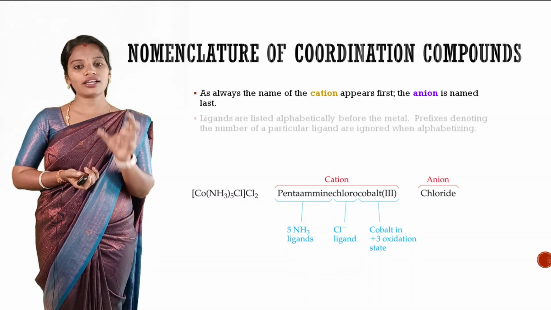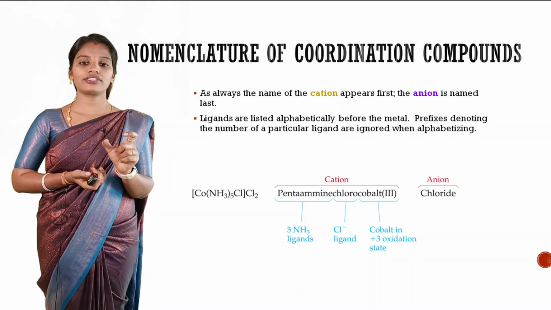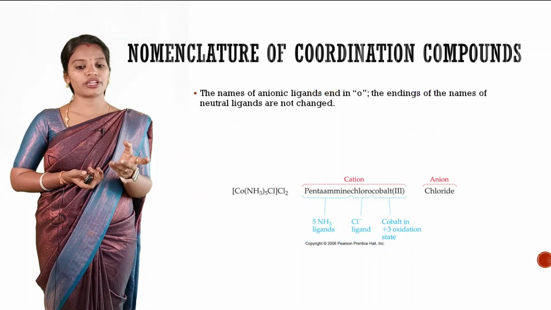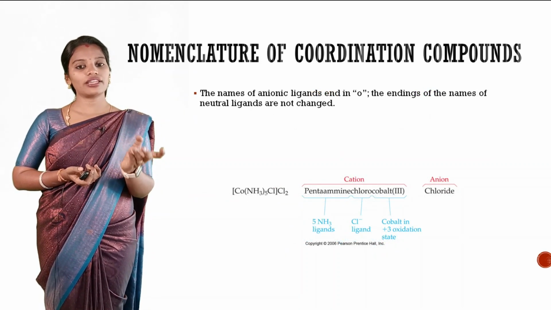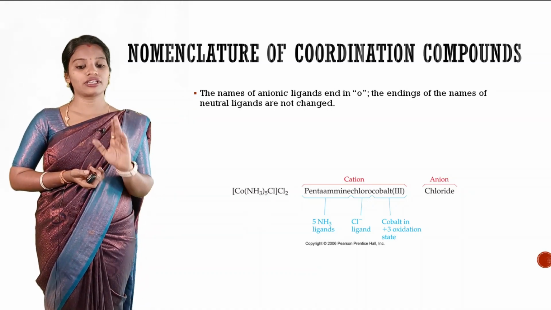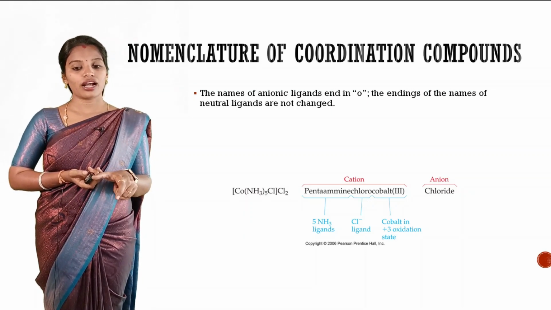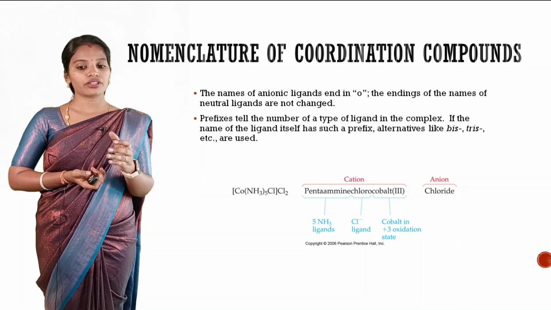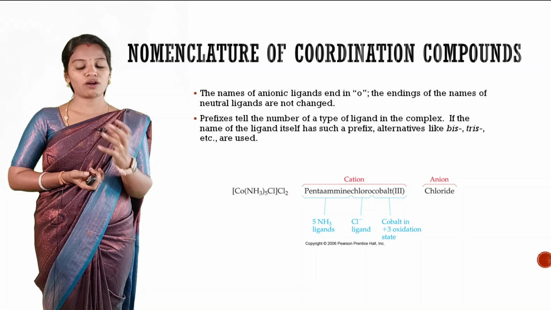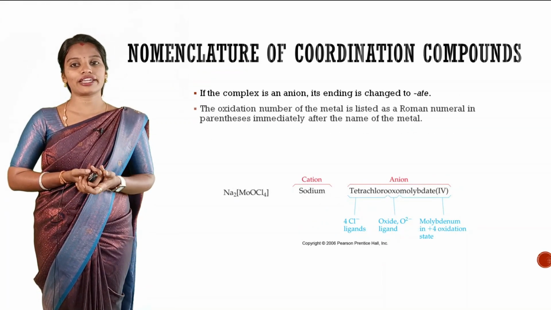If the charge of the ligand is negative, we end the ligand name with 'o'. For example, chloro, fluoro, cyano, hydroxo, carbonato. If the ligand is present outside the coordination sphere, we name it as such: chloride, bromide, fluoride, cyanide, hydroxide, carbonate, and oxalate. Ligands within the complex are named oxalato, oxo, ammine, carbonyl, ethylenediamine.